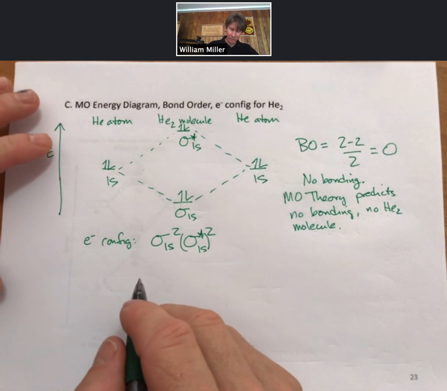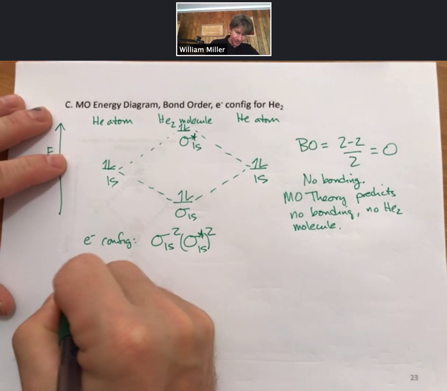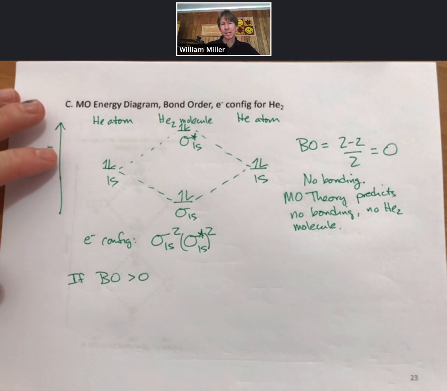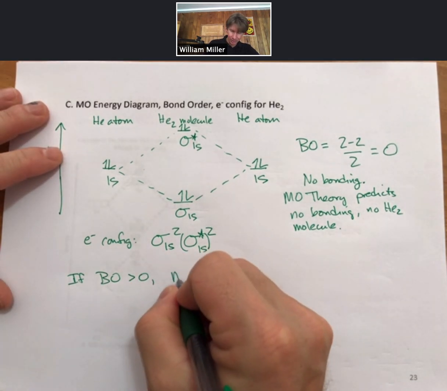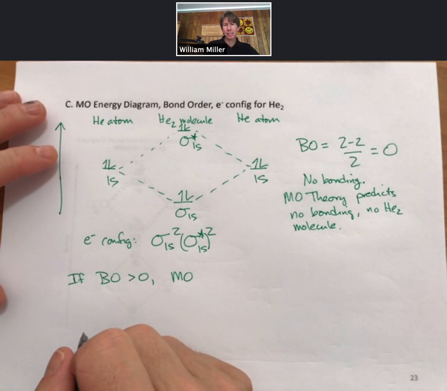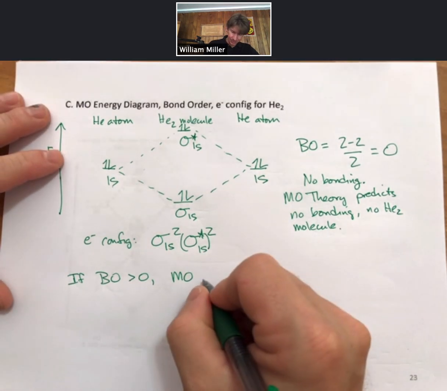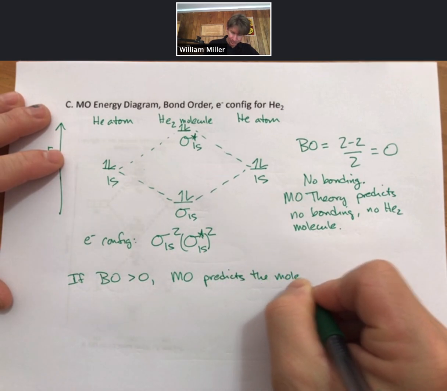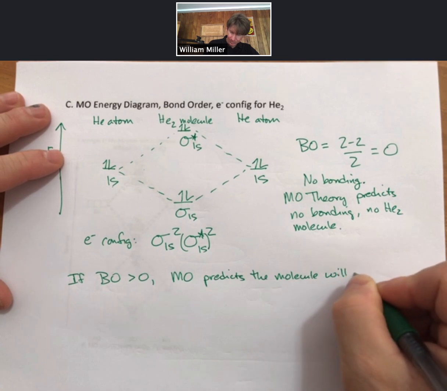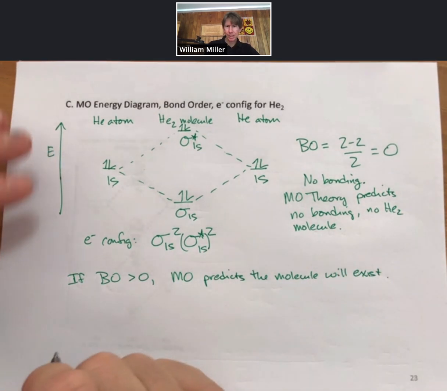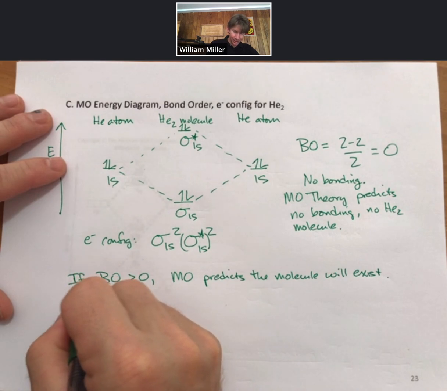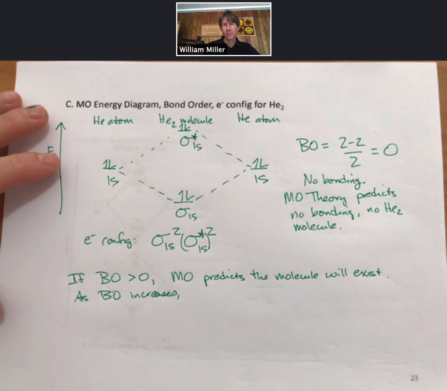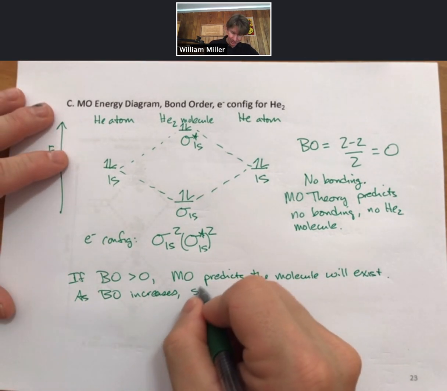Okay, now bond order. If the bond order is greater than 0, then molecular orbital theory predicts the molecule will exist. Also, as bond order increases, stability increases.